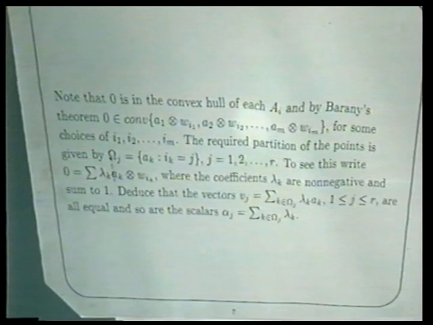And also the r scalars, which correspond to the sums of coefficients, are all the same and equal to 1 over r. So this concludes the proof of Tverberg's theorem.